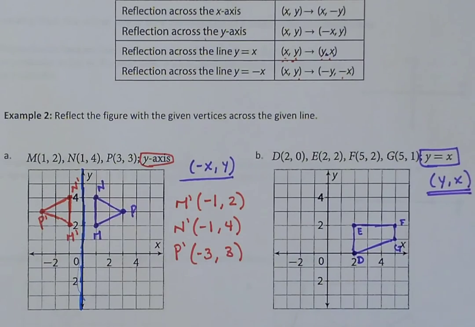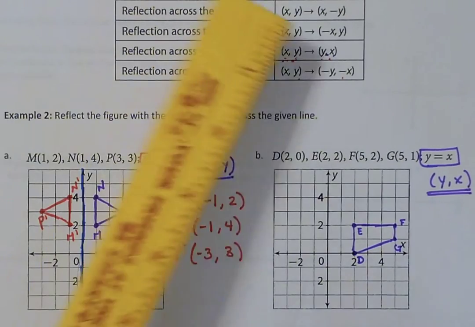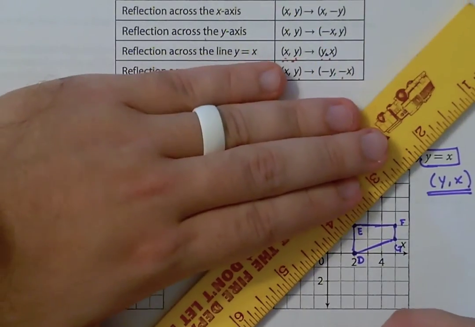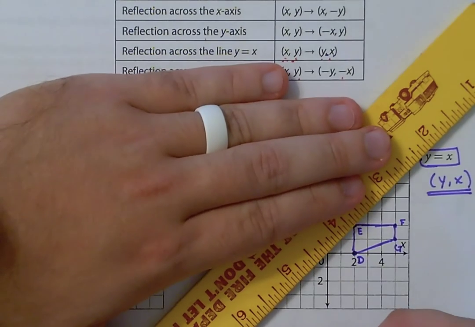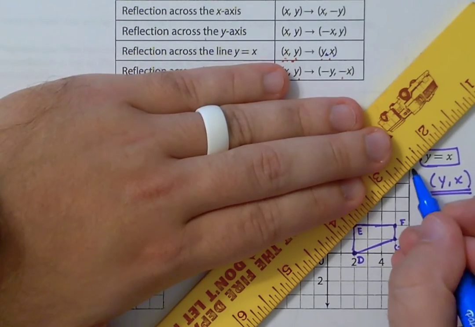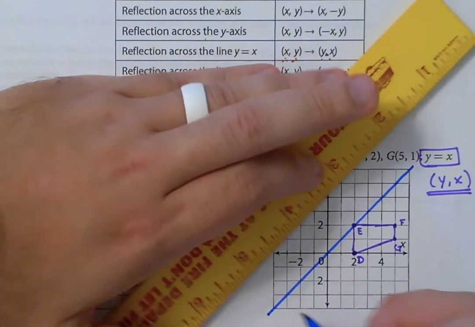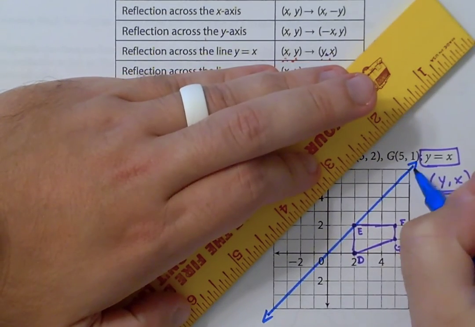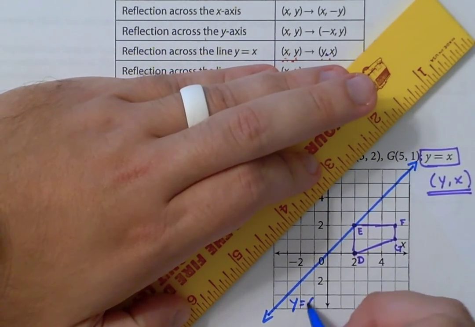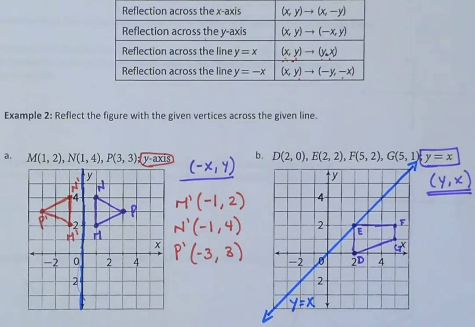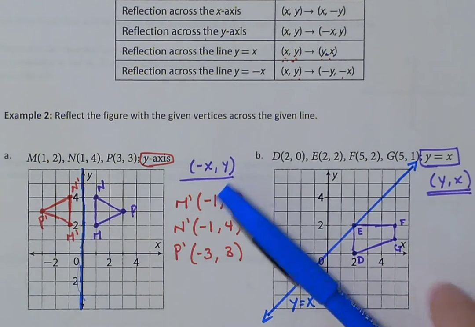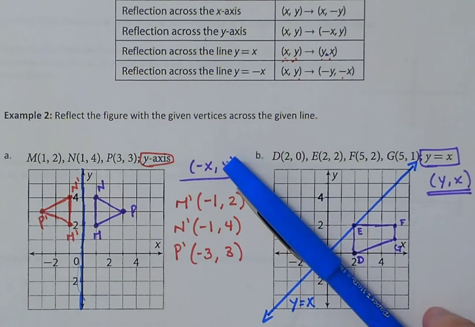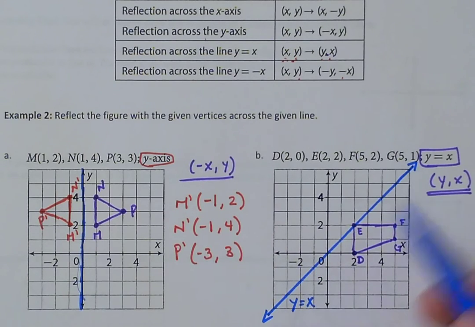Just to show you what the line y equals x is going to be, to give you guys a reference, the line y equals x looks like that. Y equals negative x goes this direction. Y equals x goes that way.